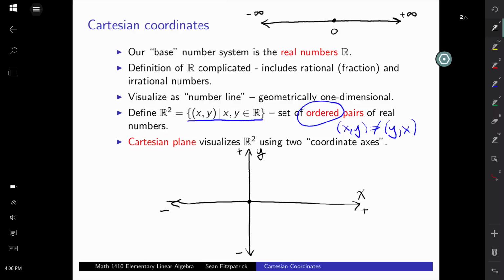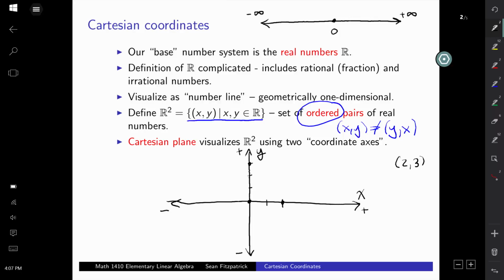And so if somebody hands you an ordered pair, say the point (2, 3), this is telling you that x is equal to 2, so you go, okay, 1, 2, there, x is equal to 2, y is equal to 3, 1, 2, 3, right?